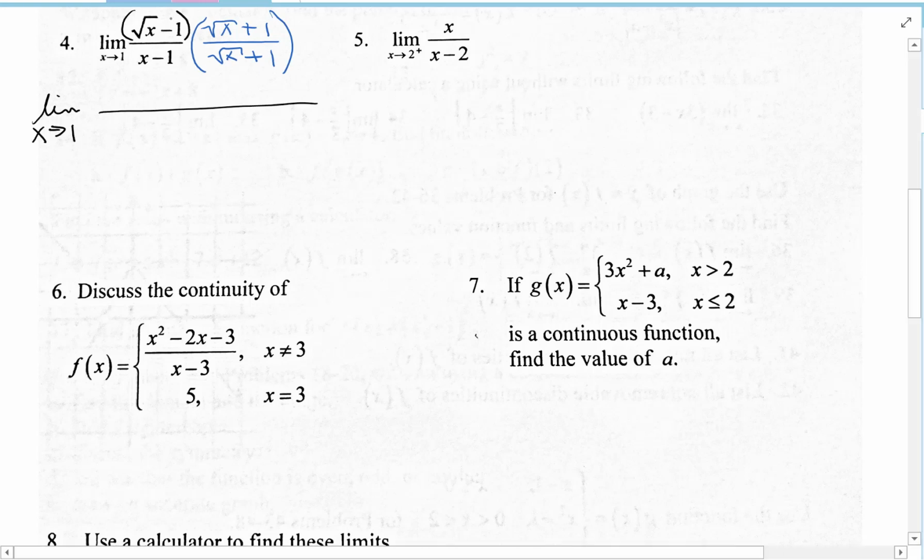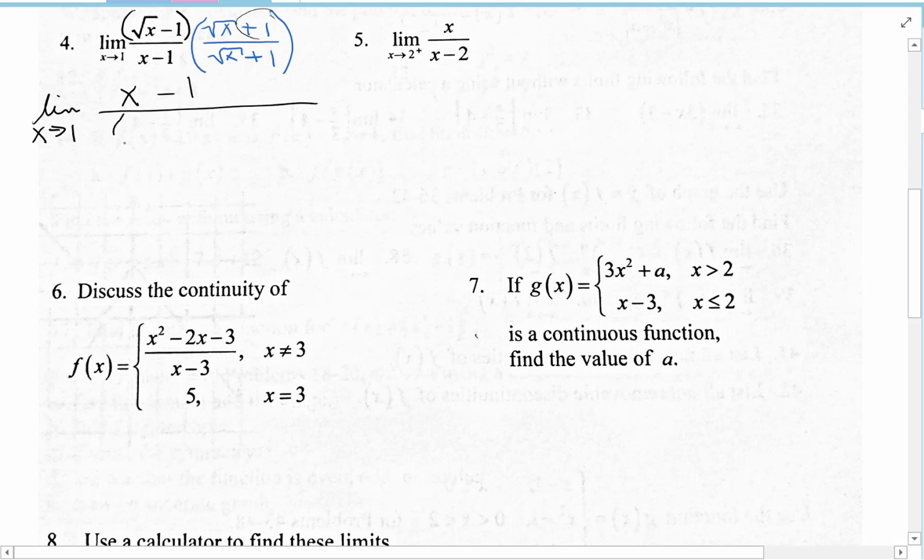As I multiply this, root x times root x is just x. Root x times 1 is positive root x, and then you have minus root x, which we already know that we're going to get because we're multiplying by the conjugate. So then we have negative 1 times 1, and that is negative 1. So x minus 1 is in the numerator.